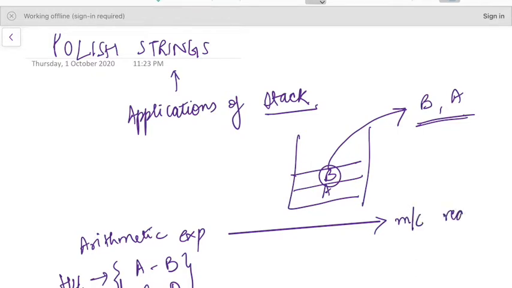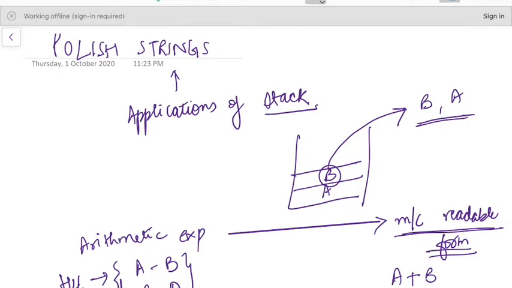So machine readable form. So what does this mean, machine readable form? This means that there is an assumption that an arithmetic operation can take place between two operands only. So if there are two operands a and b, a mathematical operation, say addition, can happen between only two operands.